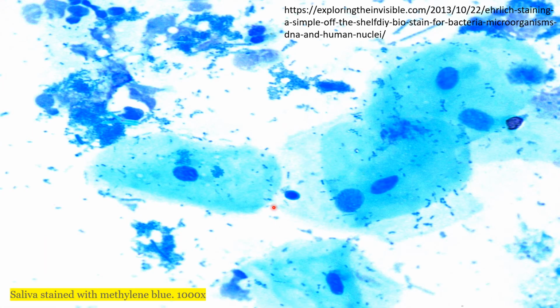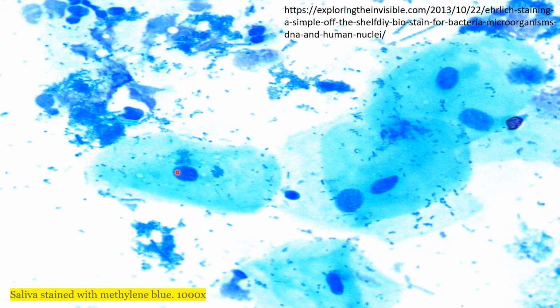And this saliva stained with methylene blue, of course, these are squamous cells of the buccal cavity, or cheek cells. So the cheek cell is big, and here, as I told you, methylene blue usually goes in the nucleus because there's a high presence of negatively charged molecule, which is your DNA.